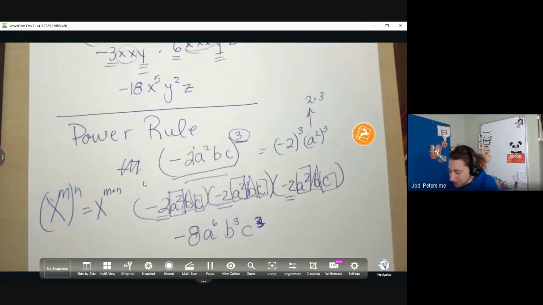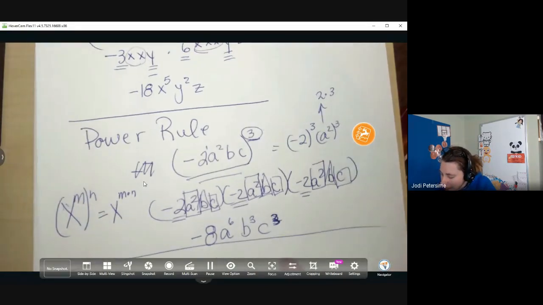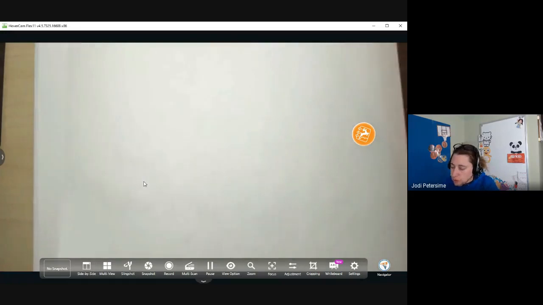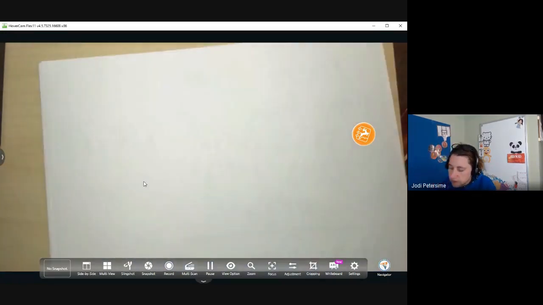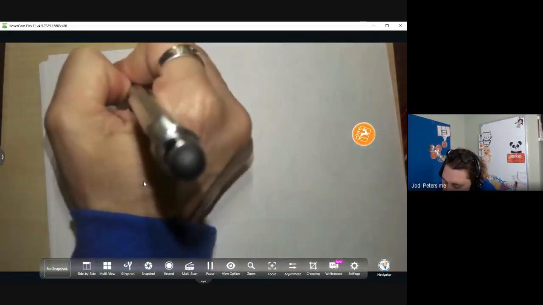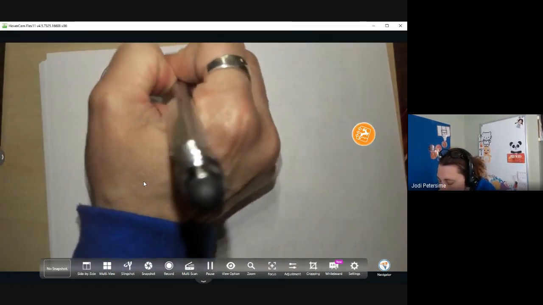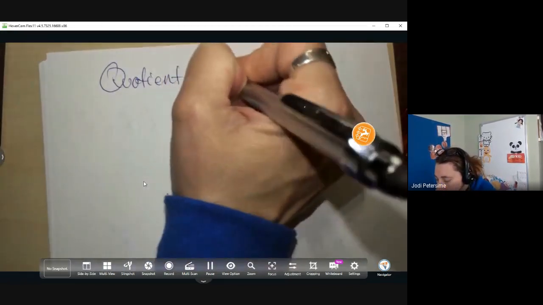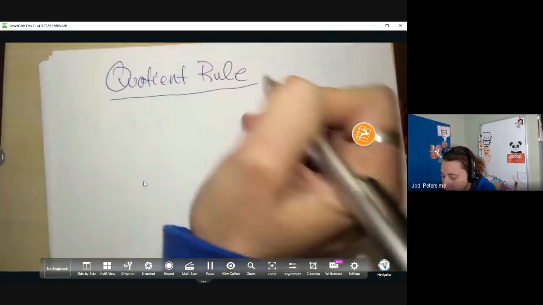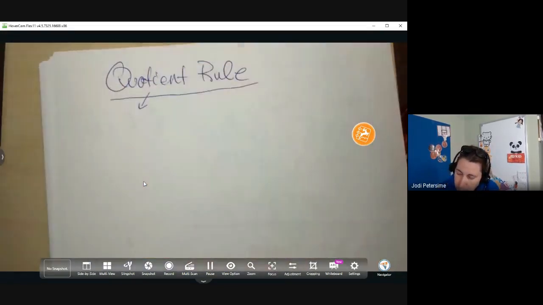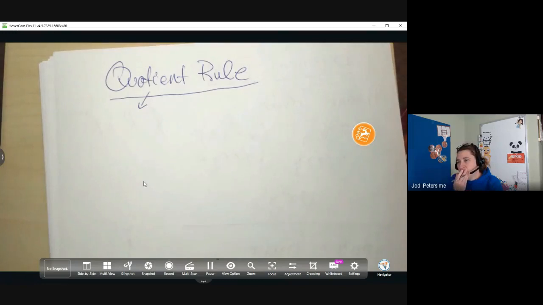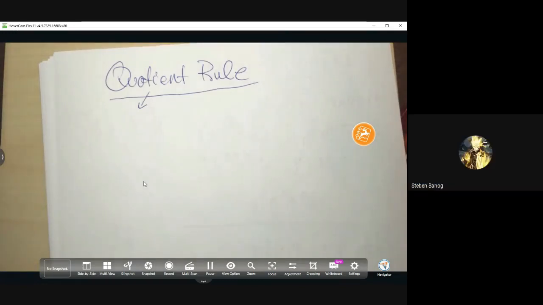No? All right. And our last rule is the quotient rule. And then we're going to look at some negative exponents. So our quotient rule, quotient means what? What's quotient mean? Division.